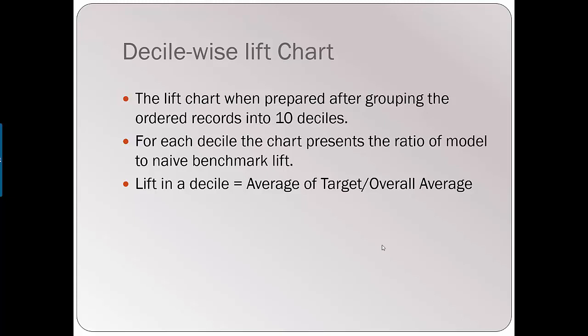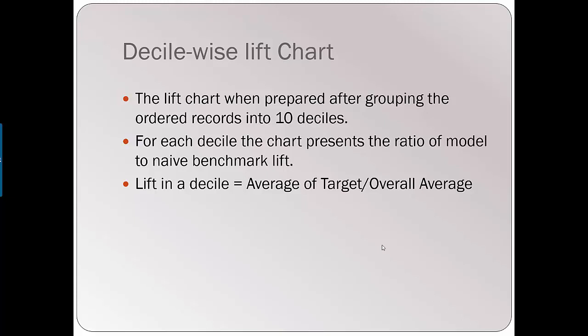But in the decile-wise lift chart, we do about the same thing: we order by y hat in descending order, then divide the observations after sorting into 10 equal parts. SAS actually uses 20. SAS divides them into 20 equal parts, but in the textbook they talk about decile-wise, which means you divide them into 10 equal parts.